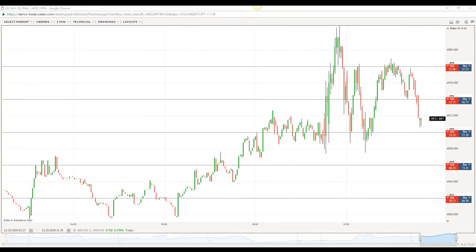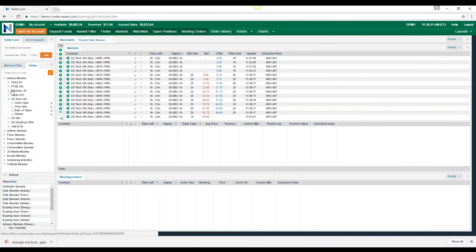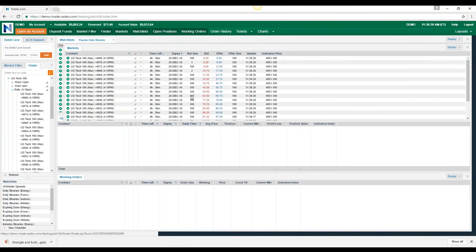Now real quick, I want to show you one other thing here. Let's take a look at the dailies later today. Where is the market at right now? 49.51 is where the indicative is. Notice there's all these different strikes.